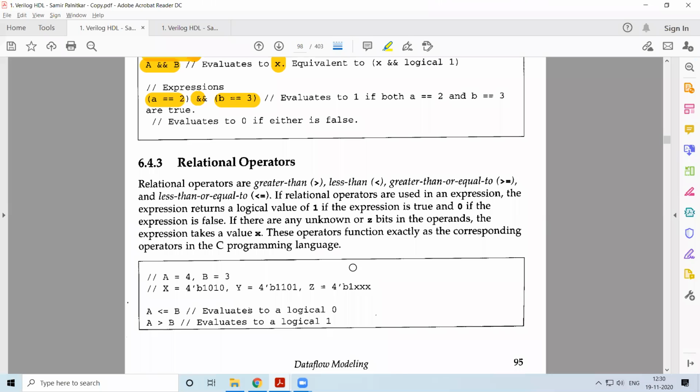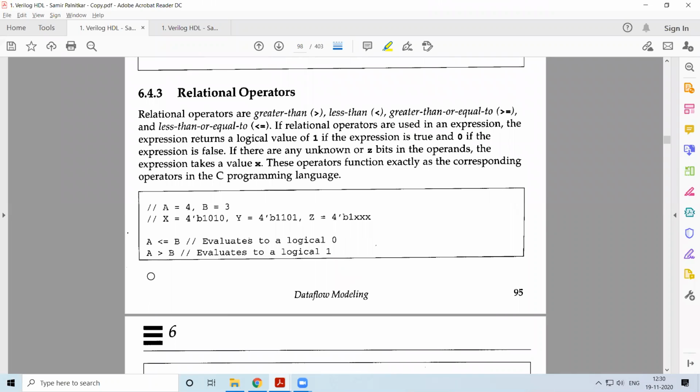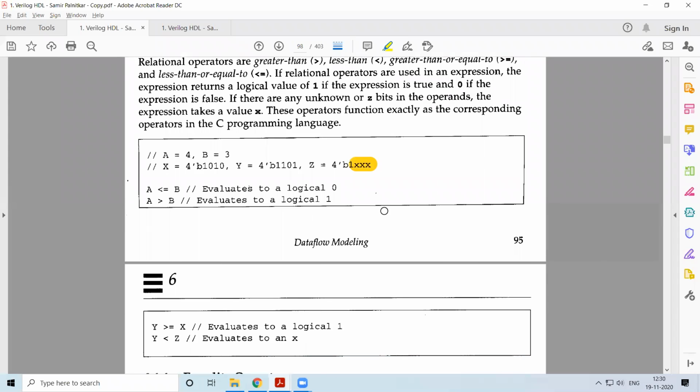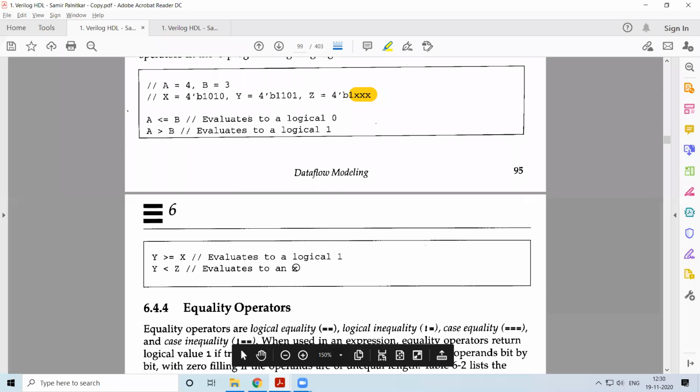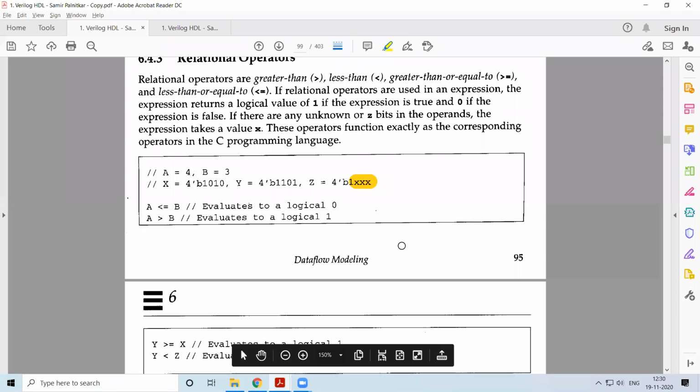Then we came across relational operators, that is greater than, less than, greater than or equal to, and less than or equal to. One special thing is what happens if a bit is x in the operand. In that case, the expression evaluates to x. Otherwise, it will be based on the condition, evaluating to either logic 0 or logic 1.